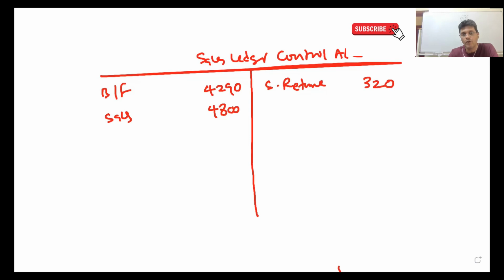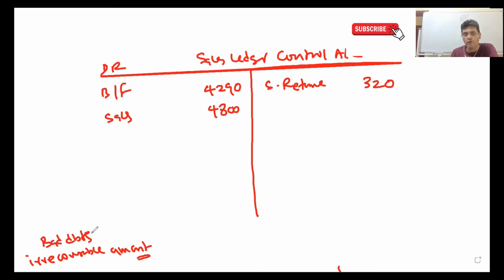Bad debts 253. I told you bad debts means an irrecoverable amount. You can't recover it from the customer. So what do you need to do? Do you keep the balance as is in the books? No, you need to write it off as an expense.